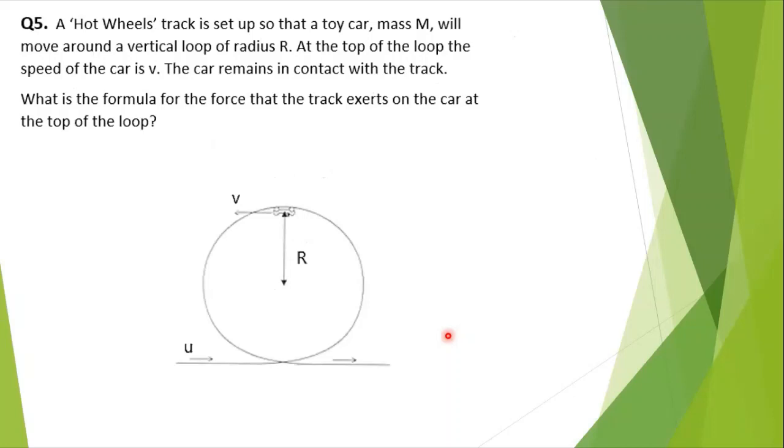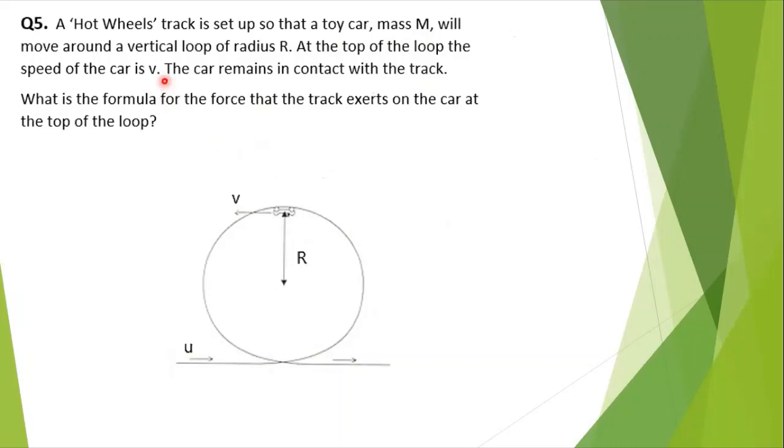Hot Wheels. It's a great kind of toy, and we fire a vehicle coming along horizontally. It loops the loop and comes back along here. A toy car, mass M, moving in a vertical loop, a radius r.